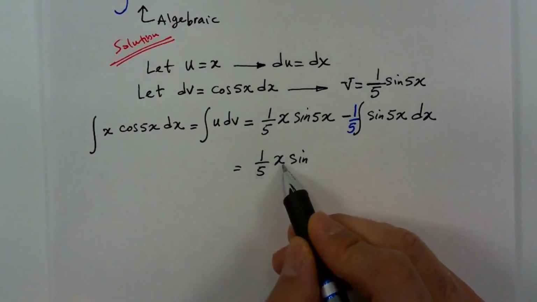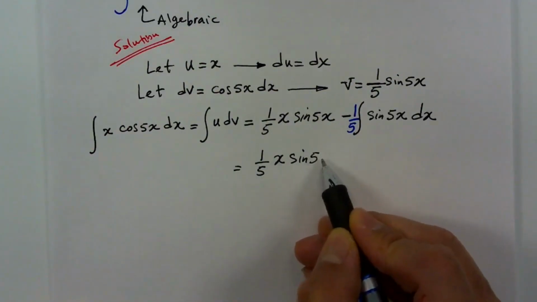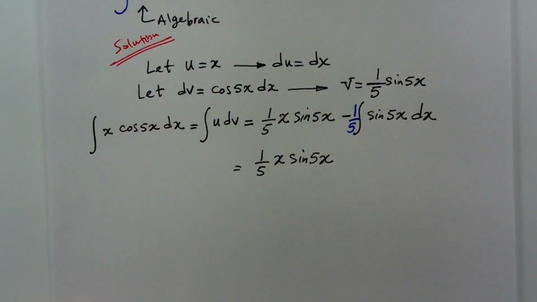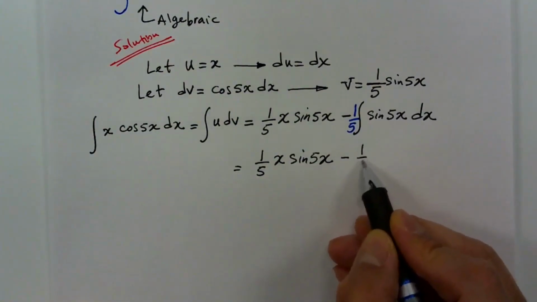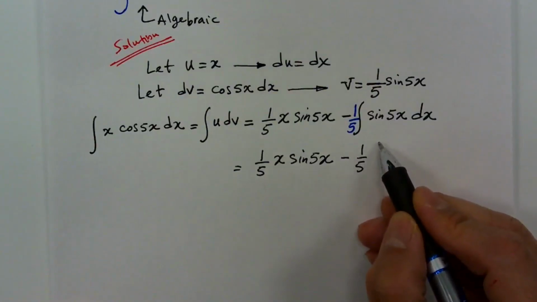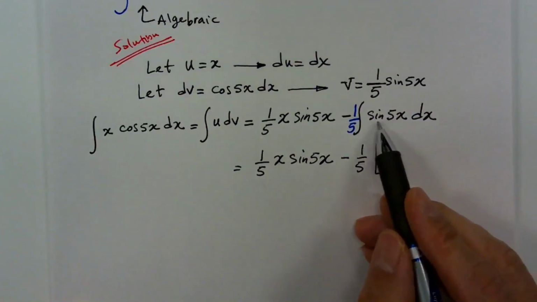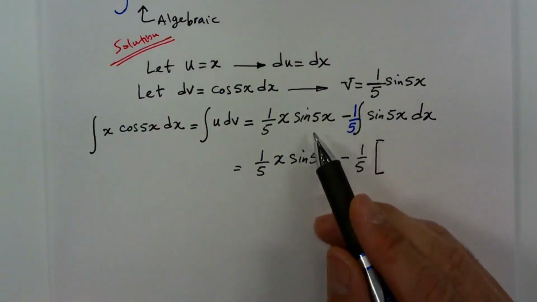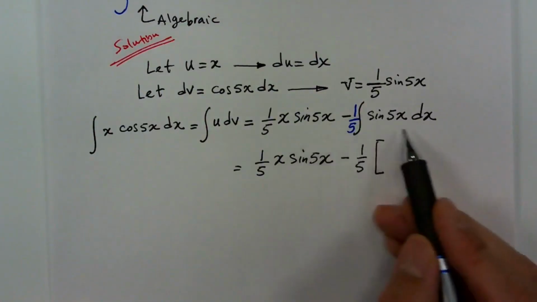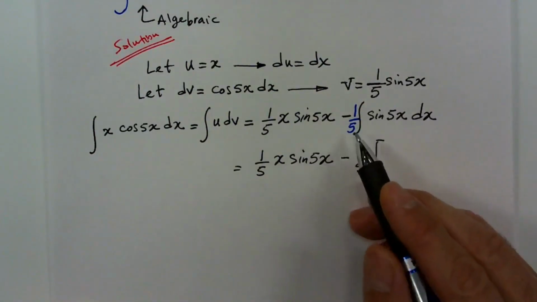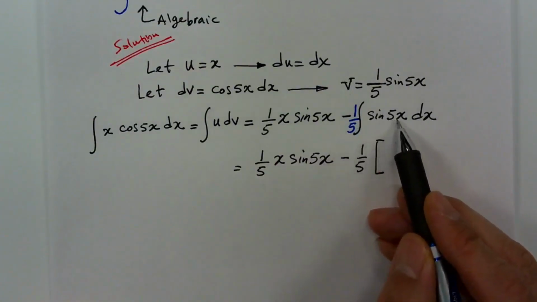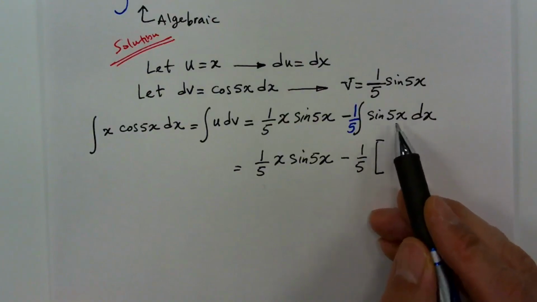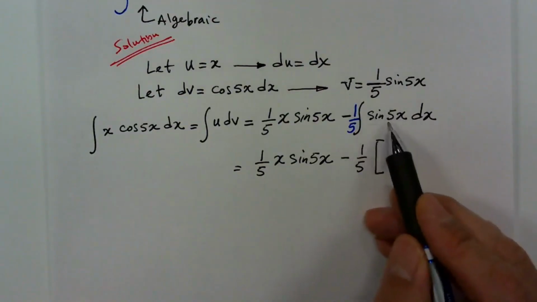So 1 over 5 times x times sine of 5x, and then minus 1 over 5, we need to integrate that. So this is sine of 5x, so we have to have had cosine to get this. But the derivative of cosine of 5x would be minus sine of 5x times 5, which of course is different than this.